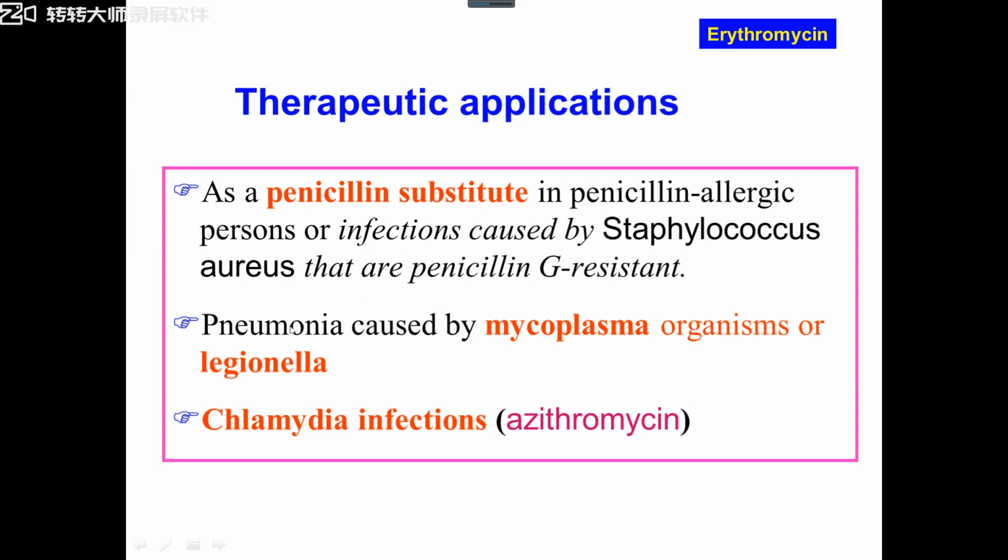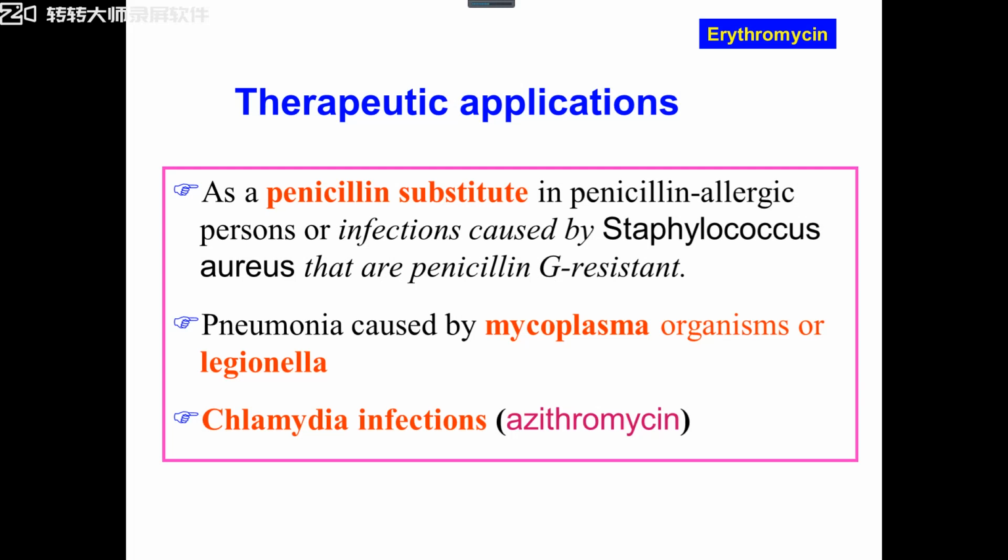And then we also use erythromycins to treat mycoplasma infection, Legionella infection, and chlamydia infection as the first choice. So here we confirm this: for mycoplasma infection and chlamydia infection, the first choice agent is erythromycins.